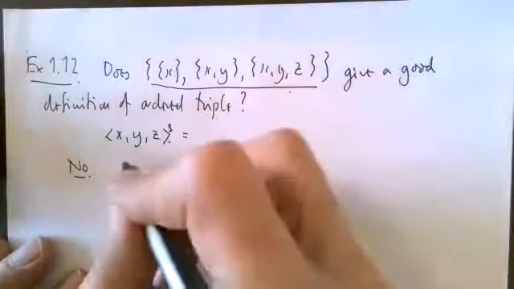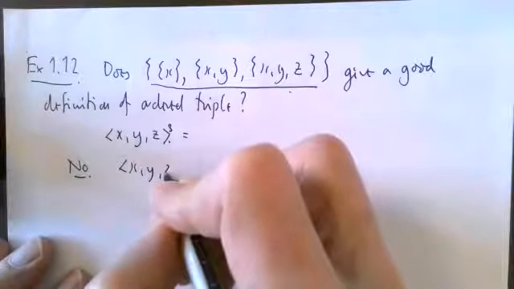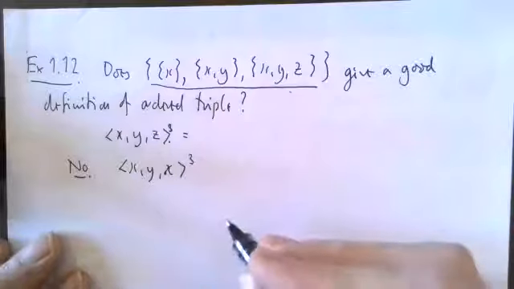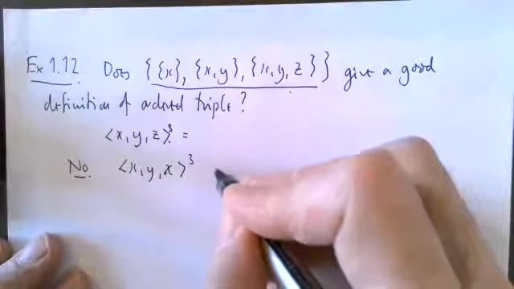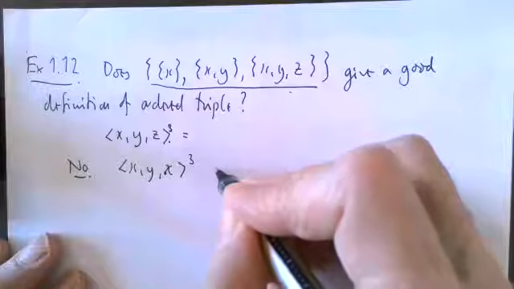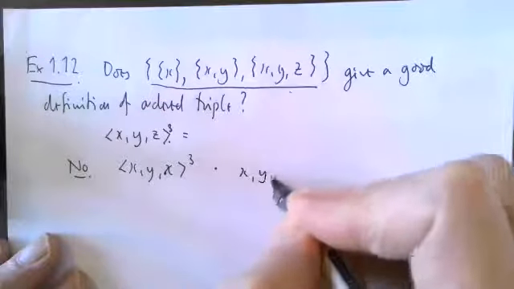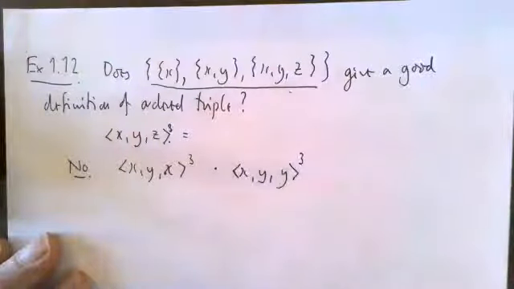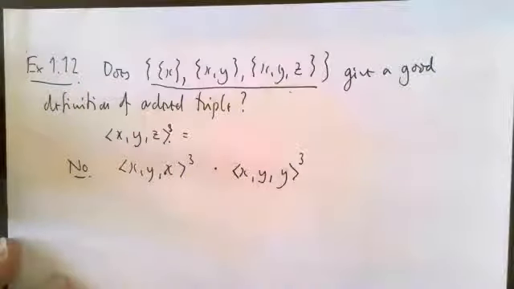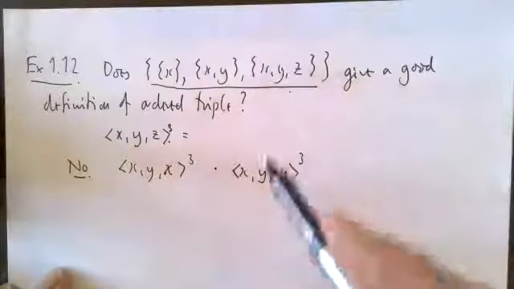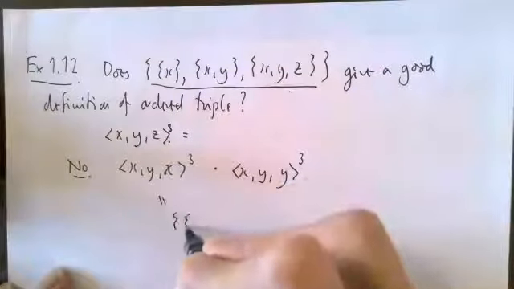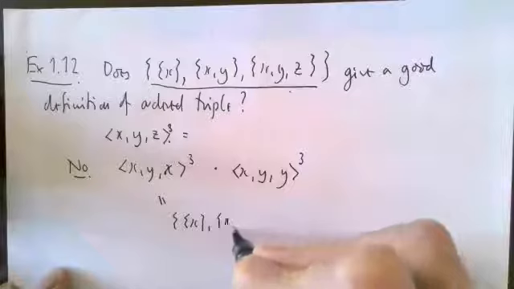If you considered x, y, x, according to this definition here, and x, y, y, they would be indistinguishable because both of them would equal x, y.